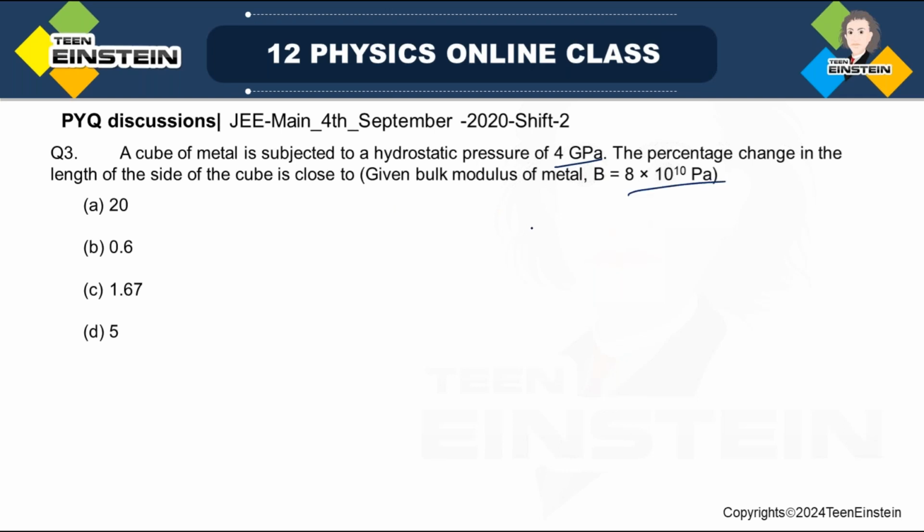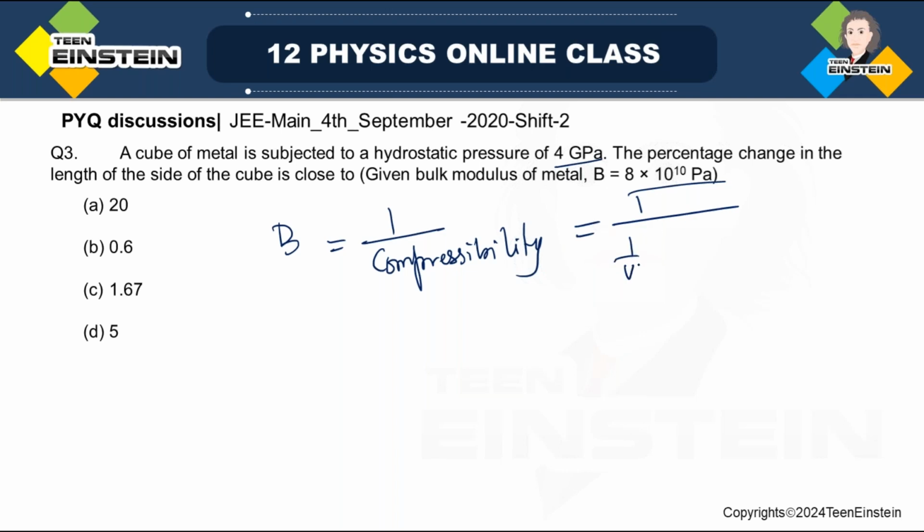Where B, that is the bulk modulus, is given. You know, bulk modulus is actually 1 over compressibility. Compressibility is 1 over V, dV or delta V by delta P.